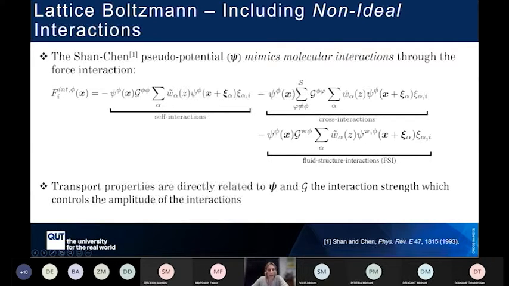With that, we've got a relationship dependent on this pseudopotential and on this G term, which is the interaction strength. Then we can tune those parameters in the model so that we can tune the interaction at the molecular level.